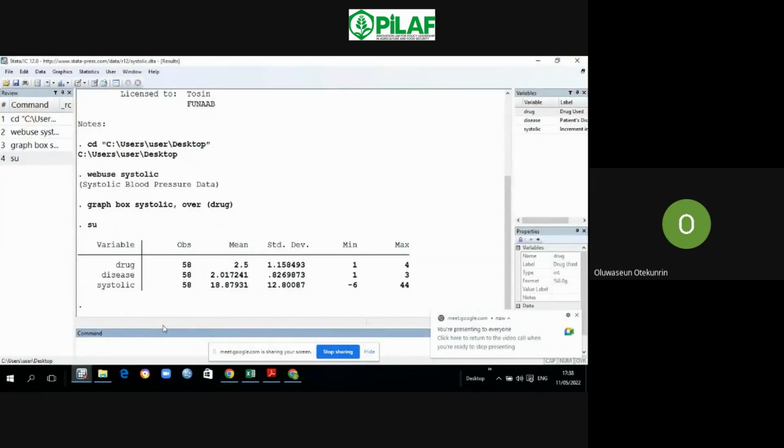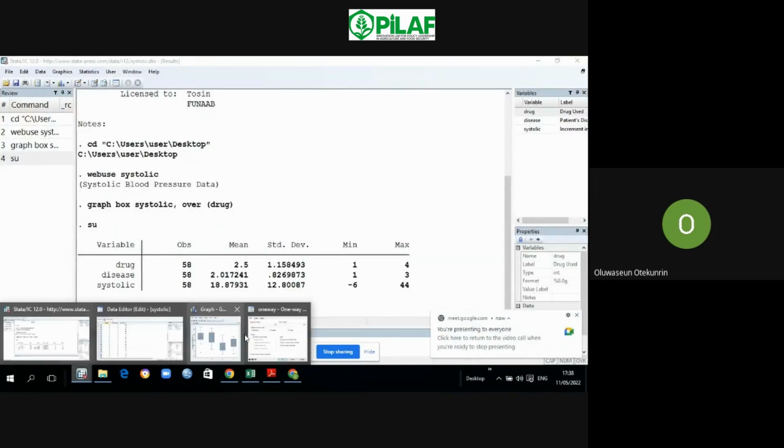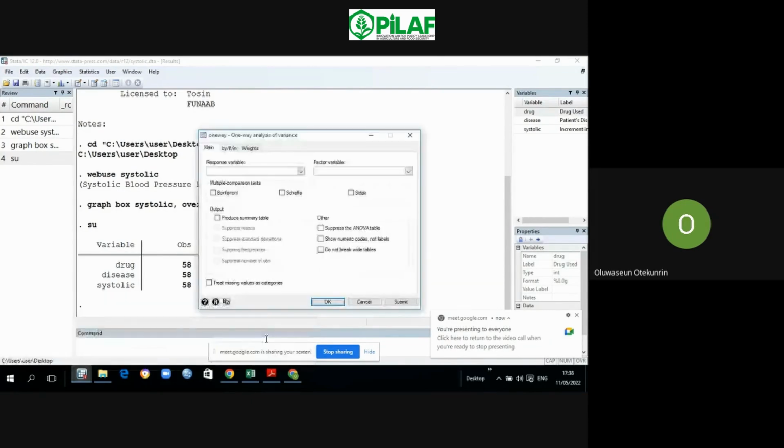What we are trying to do is to get the estimation. Under this main, you can see the response variable. Our response variable is systolic, so go to systolic and click that. Our factor variable is drug, so click drug.